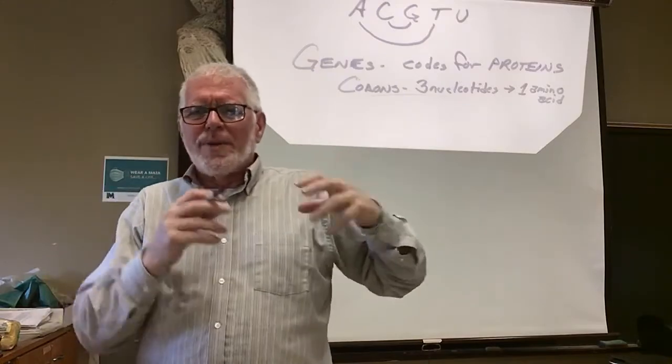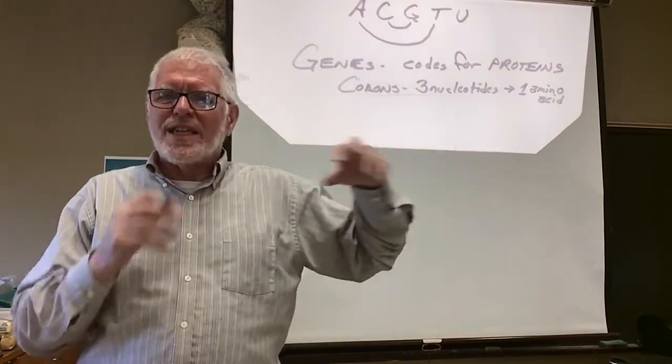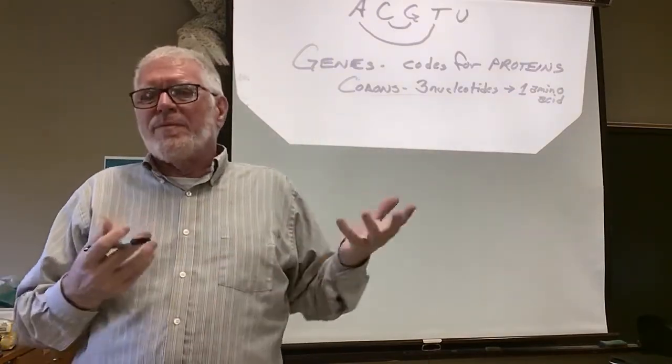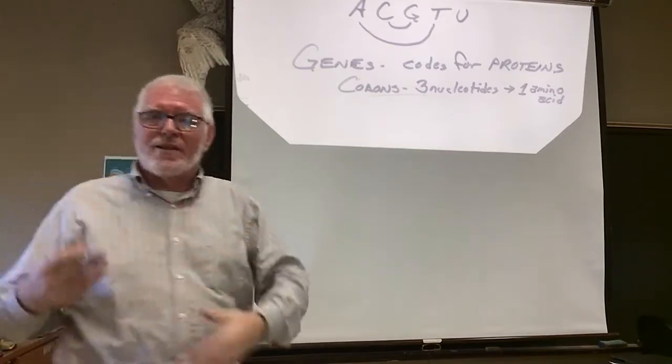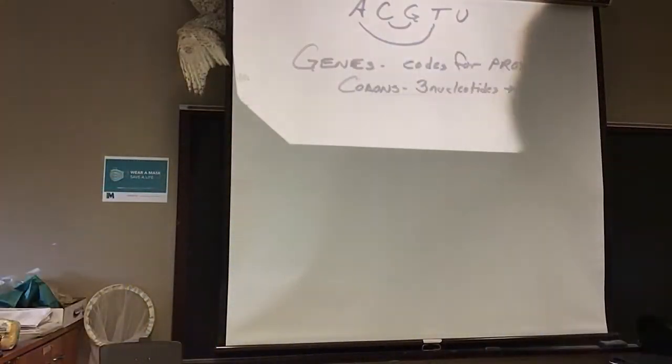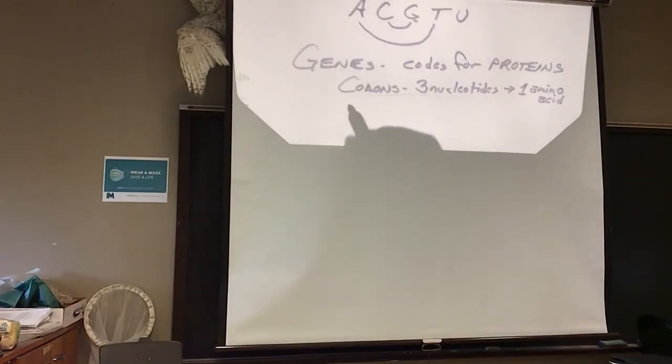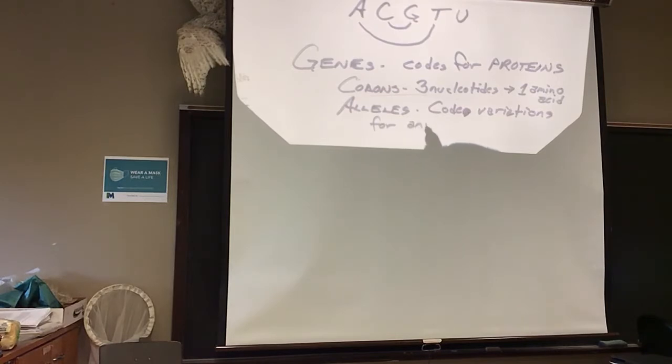The codons wind up being not really the nucleotide sequence, but something in the middle, but it amounts to the same thing. It's 3 spots that translate to 1 spot. So we have all of these codes for different proteins.